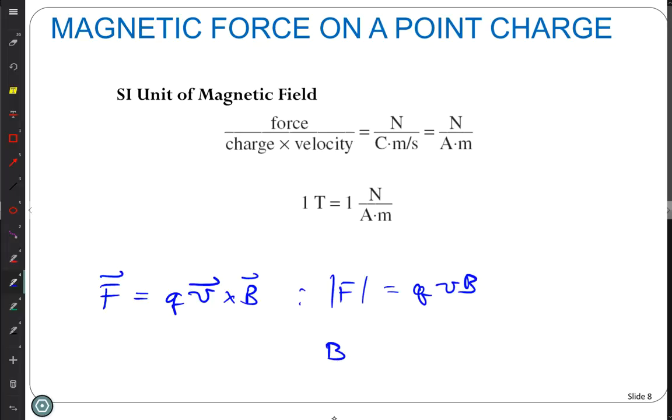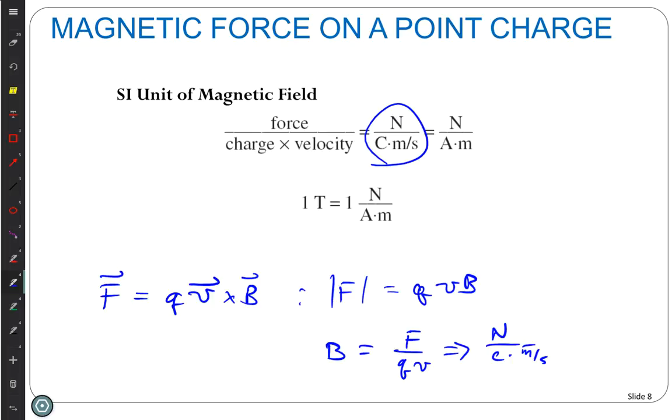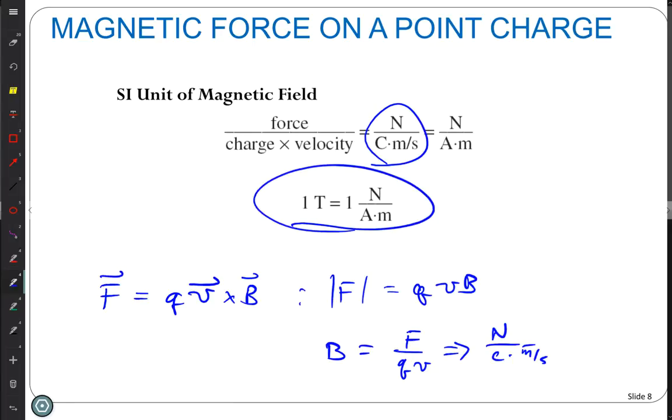So the units of B have to be units of force over QV. That would give me newtons over coulombs times meters per second, which you see written right there. And a coulomb per second is an ampere. So we rearrange the seconds, bring them over to under the coulombs, and say that's an amp. So 1 Tesla is a Newton per amp meter.